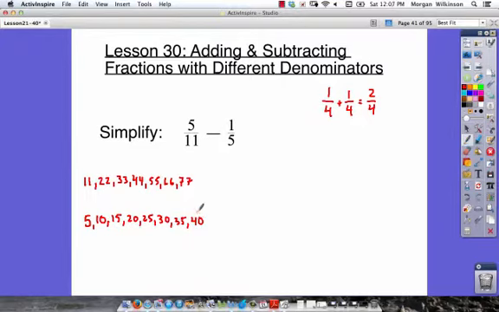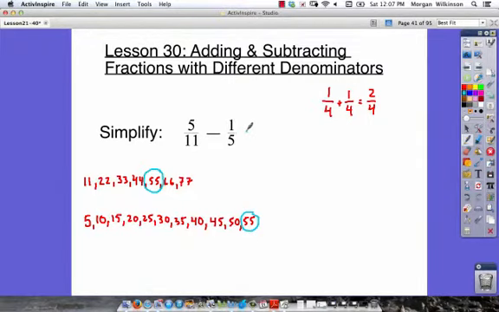Can we stop? Well, we can only stop if we've got a number in common, and we don't. But you might be able to see which number is going to be in common first. 40, 45, 50, 55. There it is. 55, that's the first number that's in common between 11 and 5. So we can skip count to help us get there. That's one way to find our least common denominator.